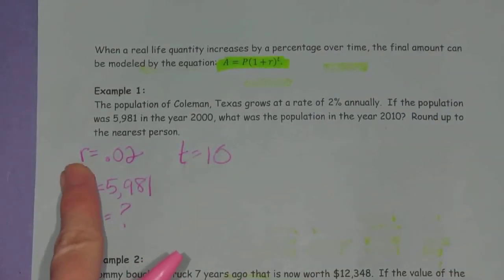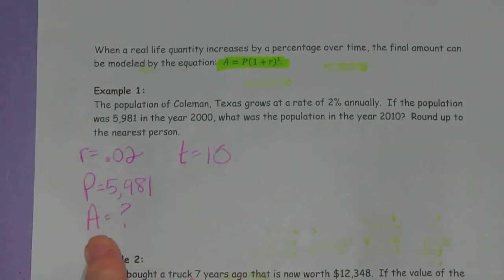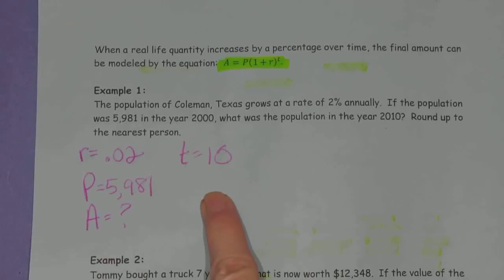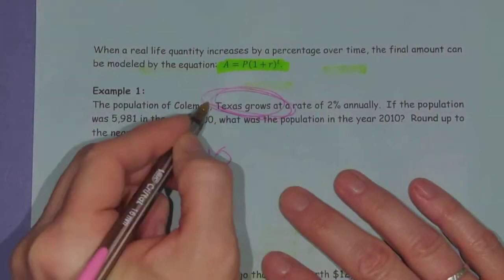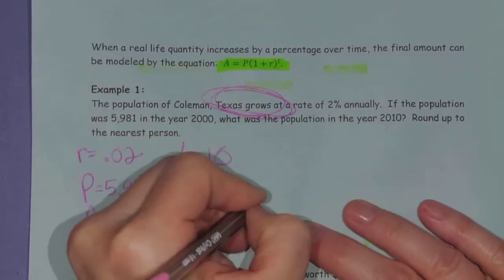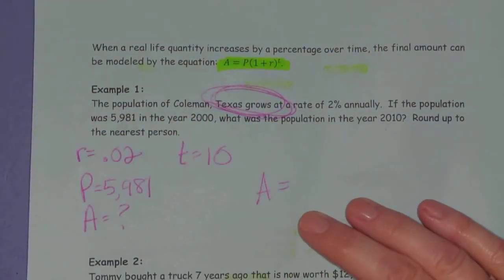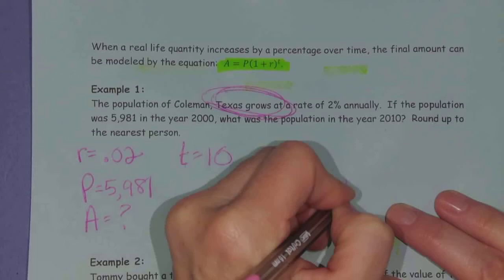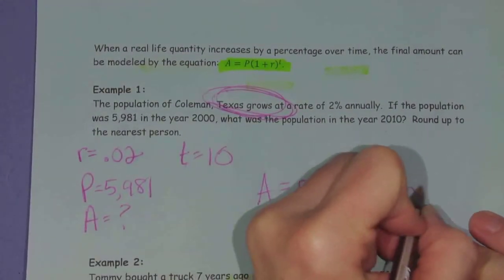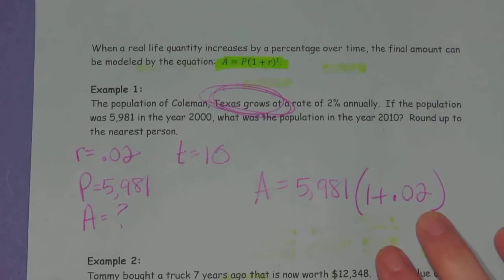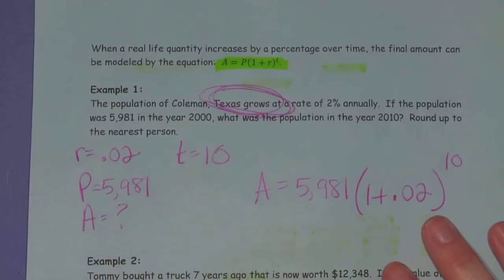So I've got my rate and my initial population. I want my final at year 10. So I plug it in. Now we're growing, so we're going to use the plus. A equals 5,981 times the quantity 1 plus my rate, 0.02, raised to the 10th power.